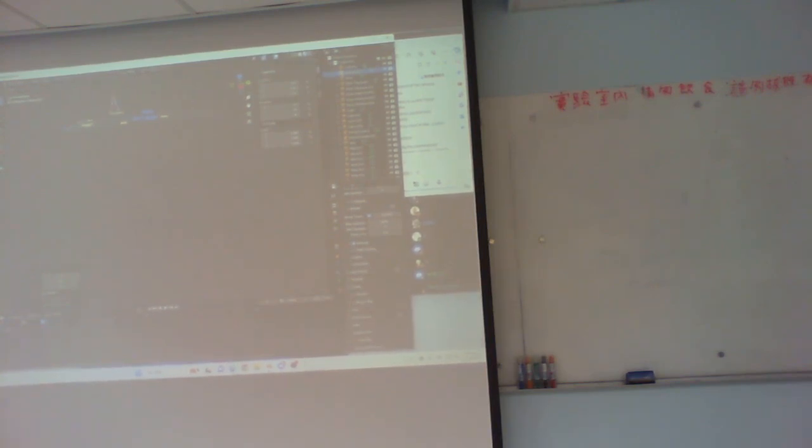Now I want to rotate it Z at 90, and I want to move it to the right. So scale 0.5.